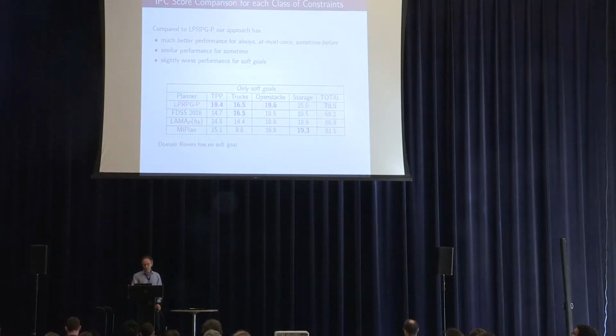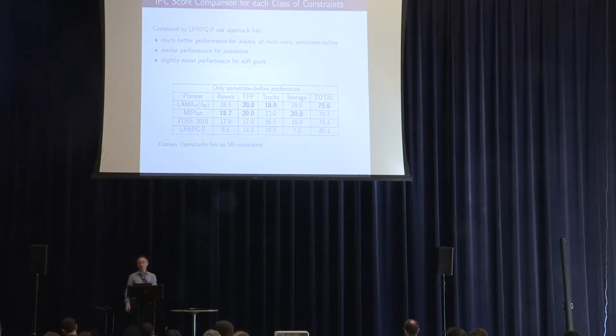Here we have the table of the results, and we consider only 3 STRIPS planners and only the sometime-before preferences. And you can see that the gap is quite significant.